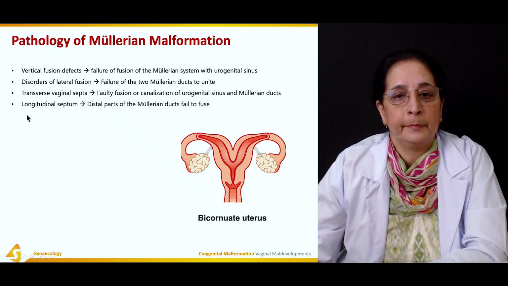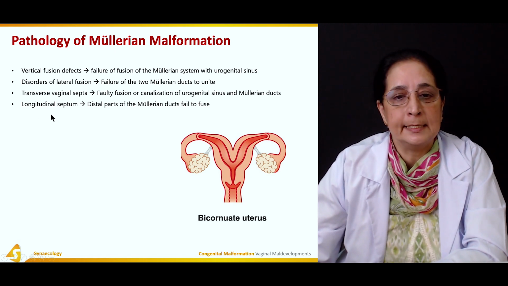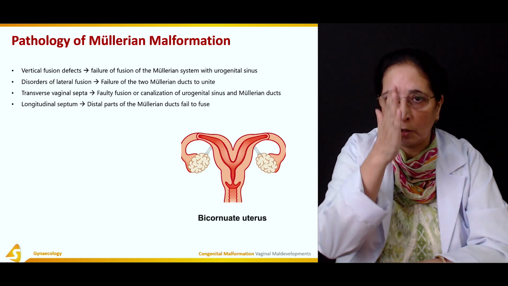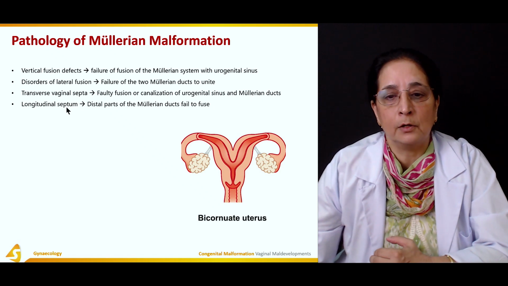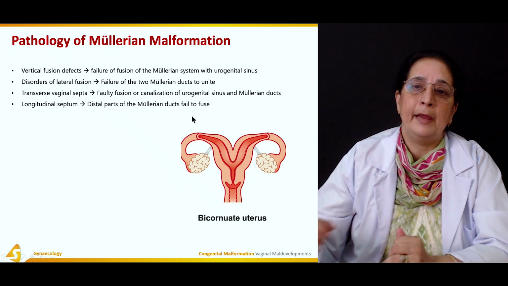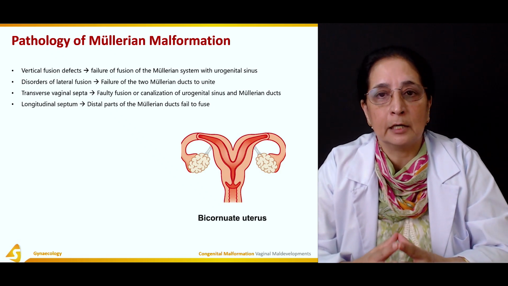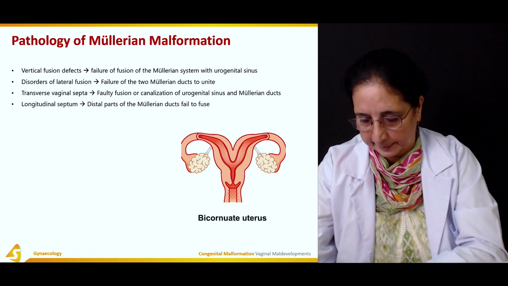Longitudinal septum, how do we develop the longitudinal vaginal septum? The transverse vaginal septum is this, and longitudinal is in this direction, so the distal parts of the Mullerian ducts fail to fuse. If the distal part of the Mullerian duct fails to fuse, it leads to a longitudinal septum.